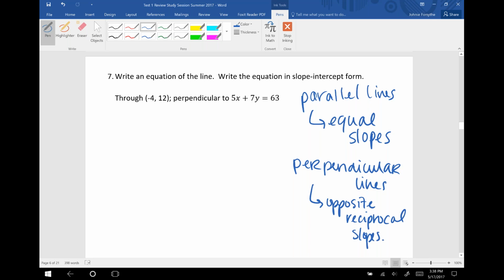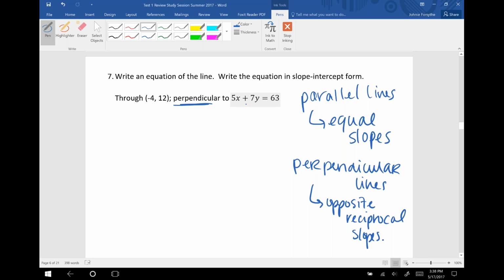And what does that mean? You flip it and change the sign. Okay? So here we're talking about perpendicular. First we need to get the slope of the equation that's given to us. The best way to do that would be to put that into slope-intercept form. Right now it's in standard form.